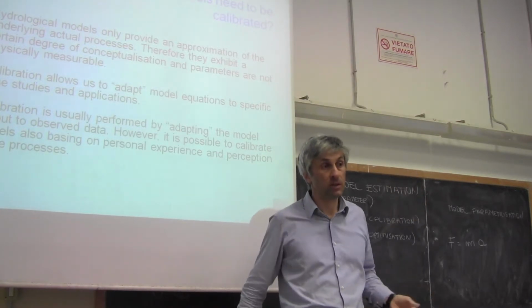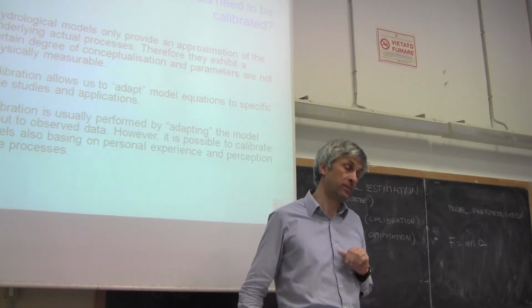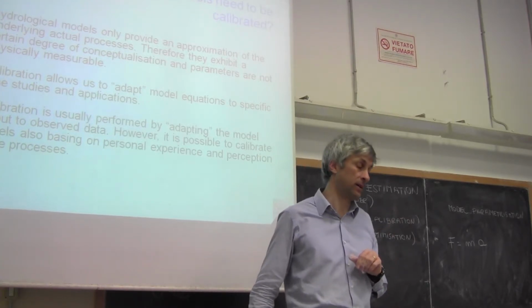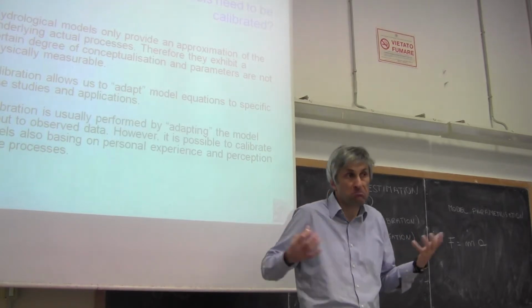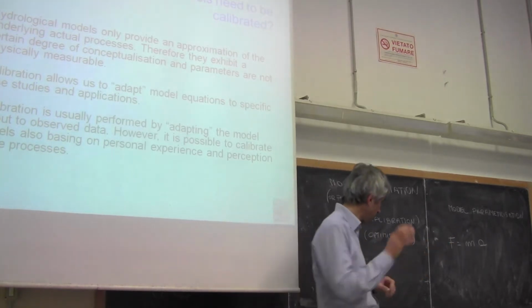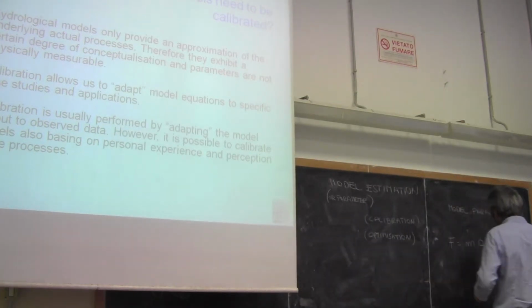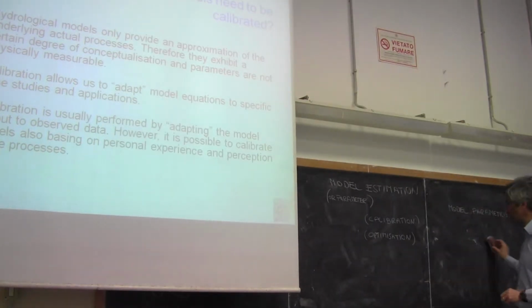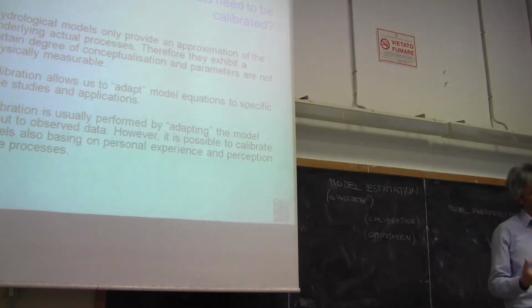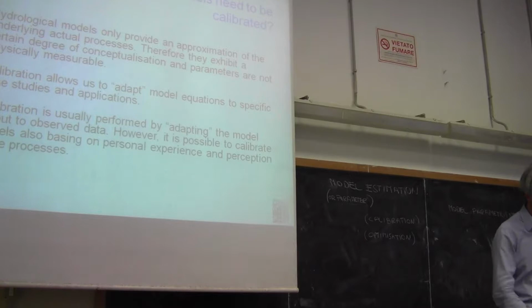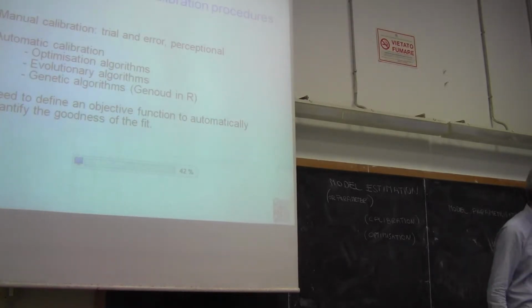But if we were able to apply a conservation of energy relationship, we would avoid any parameter there. Okay, so basically we have these parameters which allow us to improve the fit of the model to our process.